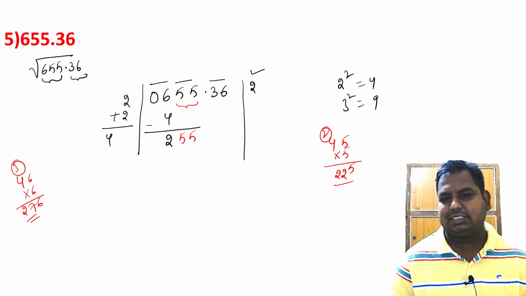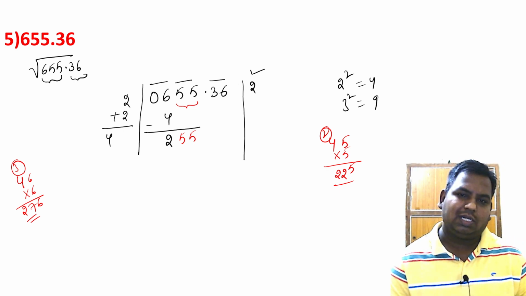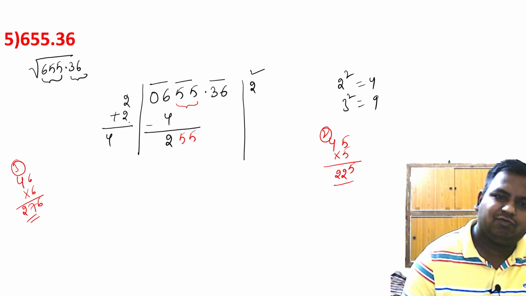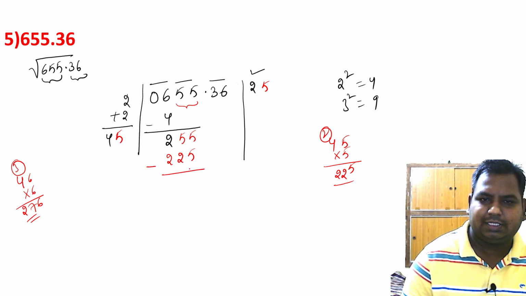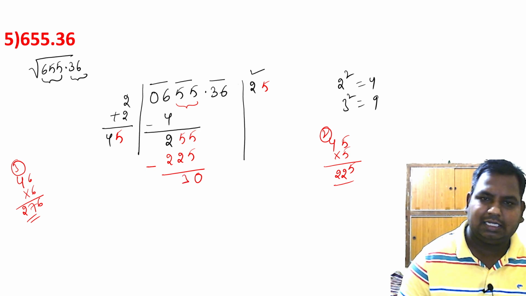So 276. 276 is a bigger number. So I'll consider 45 fives, which is 225. So what is the difference here? The difference is 30.